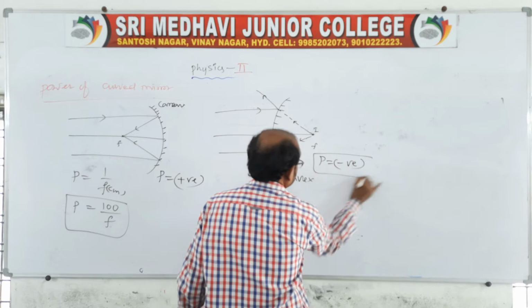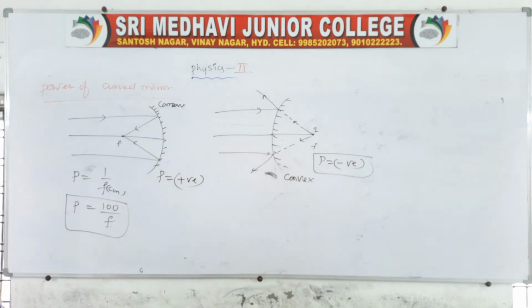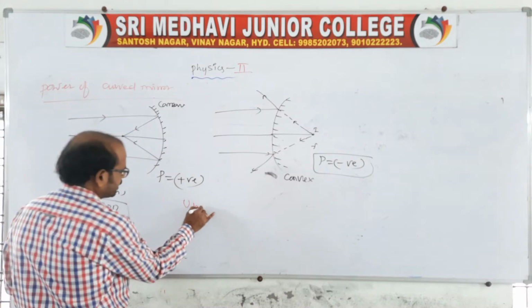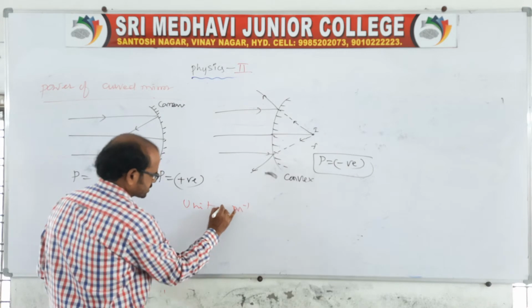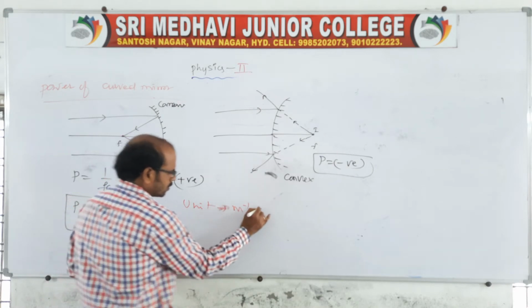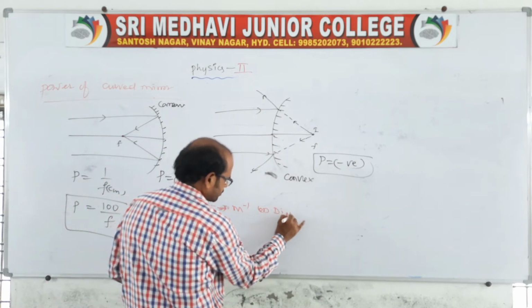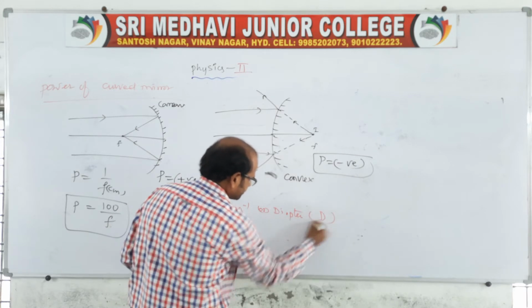Very, very important. Usually for a concave mirror, we take it as positive, and for a convex mirror, we take it as negative. So the unit of power will be meter inverse, or it is dioptre, we can call D.